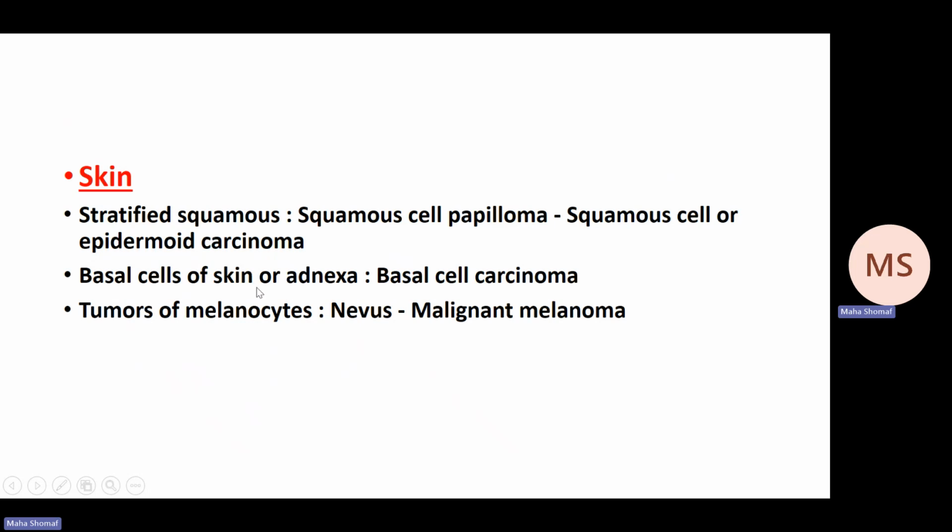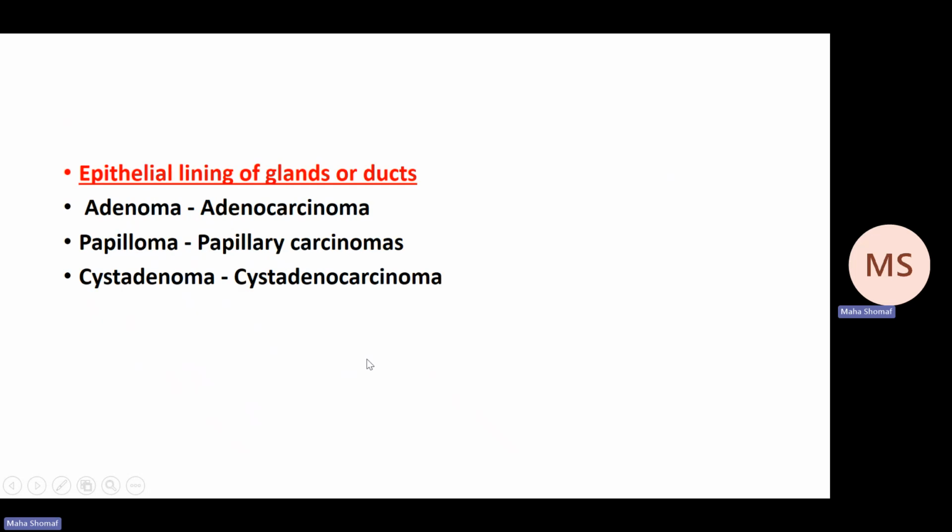Basal cells of the skin or adnexa can give rise to a tumor, basal cell carcinoma. Tumors of melanocytes that are present in the epidermis of the skin: the benign tumors are called nevus or nevi, and the malignant tumors are called malignant melanomas.